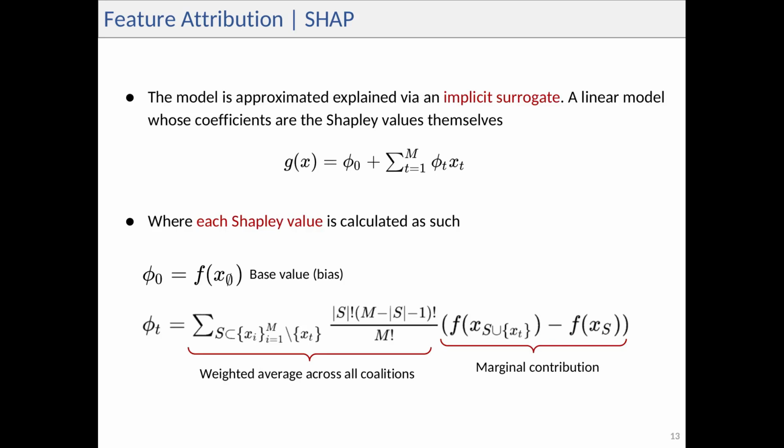And exactly in this way, this implicit surrogate is what actually happens when you use SHAP. But de facto, we're interested mostly in all the phi of t's, which define the importance of each input feature.